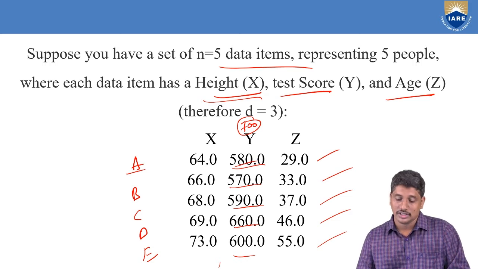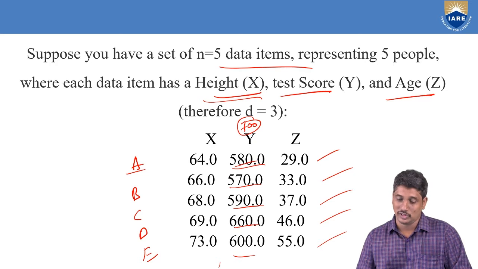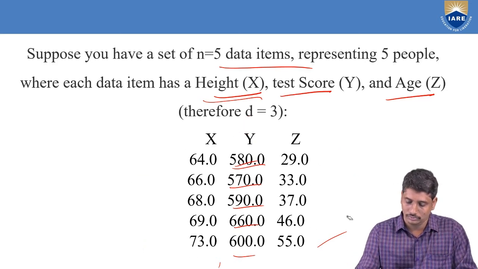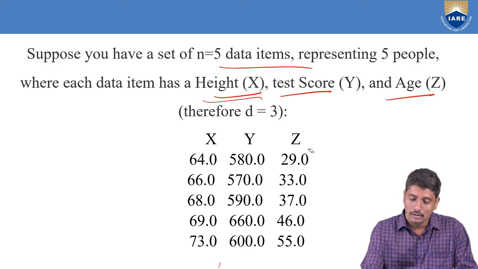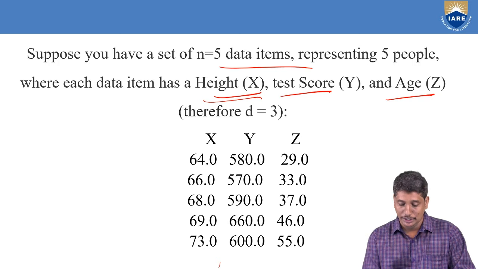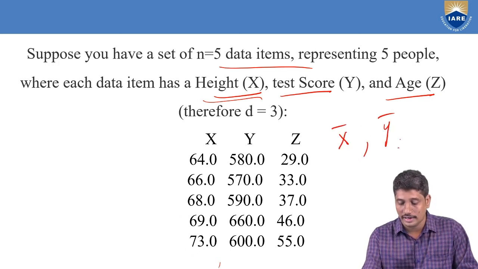Now we are going to construct a covariance matrix for these three vectors x, y, z. So let's look into those details. Before going to the calculation of variances and covariances, we need to calculate x bar, y bar, and z bar.